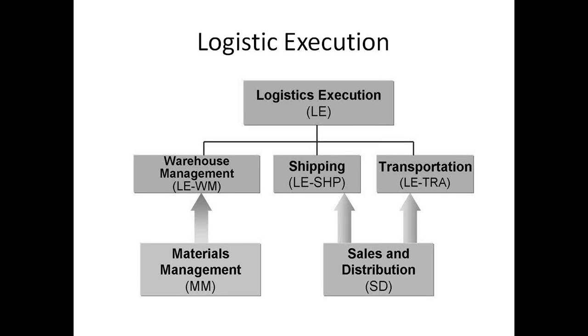So you guys have knowledge of ASN, right? Advanced shipping notification, right? Yes, advanced shipping notification, exactly. Yes. The confirmation control key and then the inbound delivery VL31N, yes. Yes, exactly. The advanced shipping notification is what we call inbound delivery in SAP.